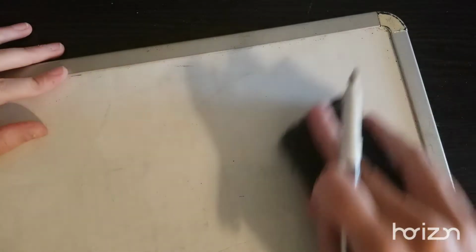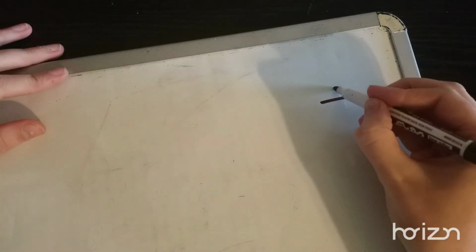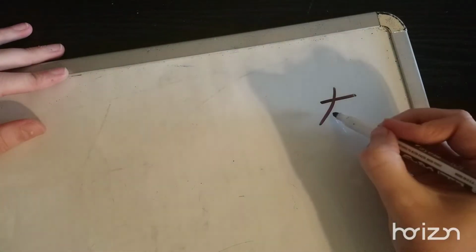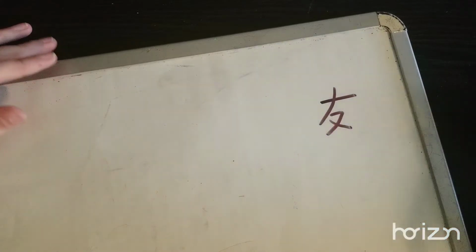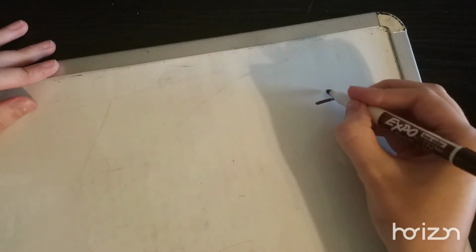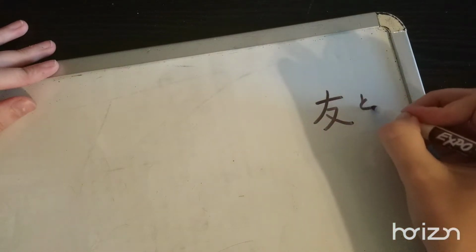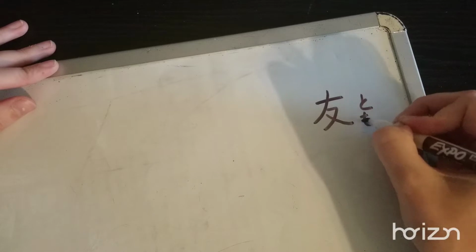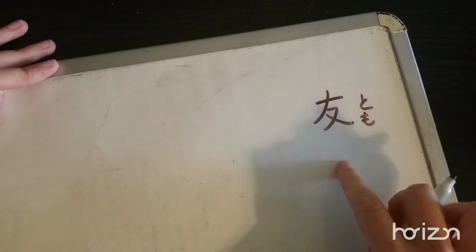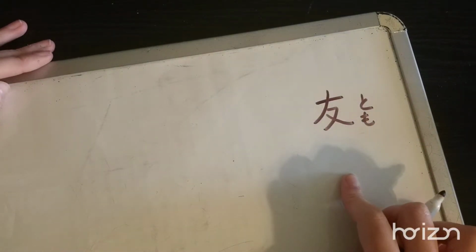This one is horizontal, then diagonal. Then you put this little element, which we've seen once or twice. 1, 2, 3, 4. And this is tomo. You're responsible for writing this.